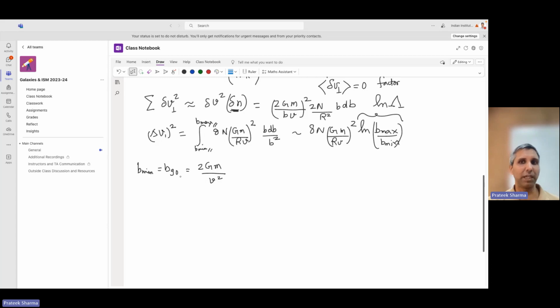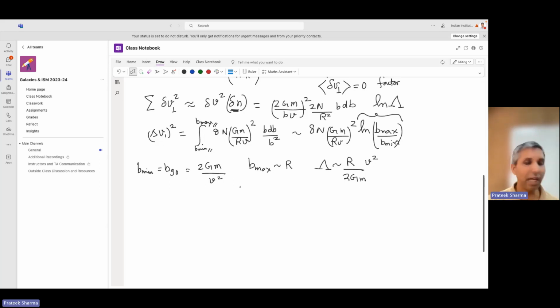If I do that, this is what I get. So this is a good approximation for the lower limit. And a good approximation for b max would be R itself, right? The stellar system size is R, so the integral should not go beyond R. So this lambda should really just be R by twice GM by v squared.